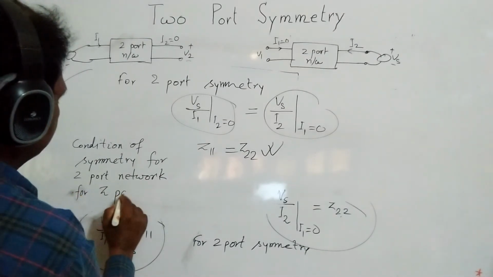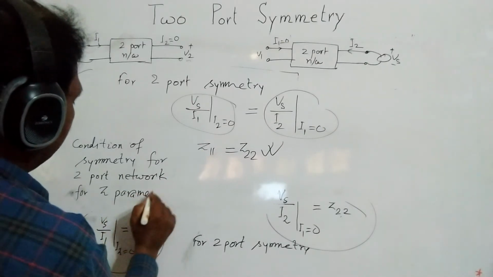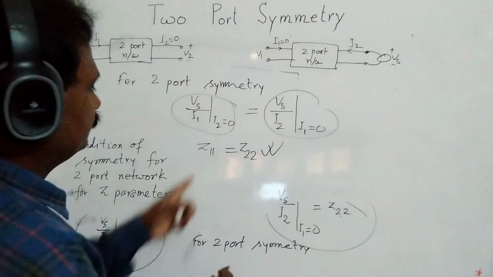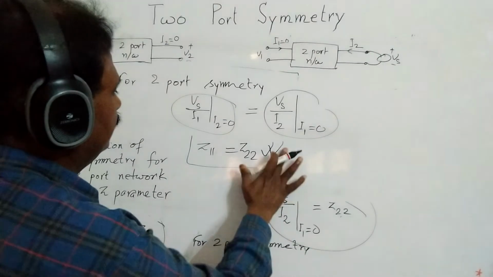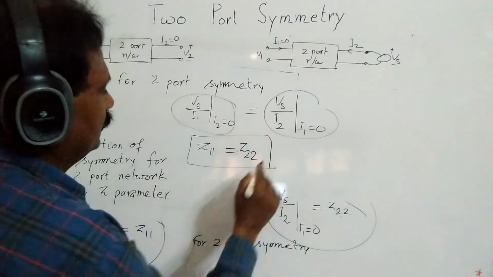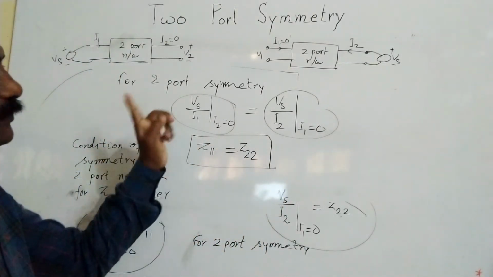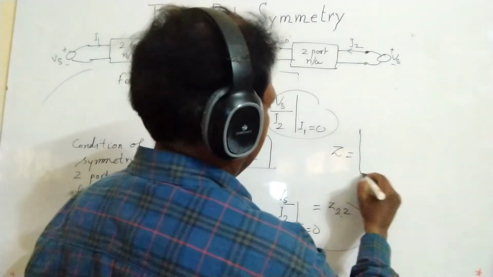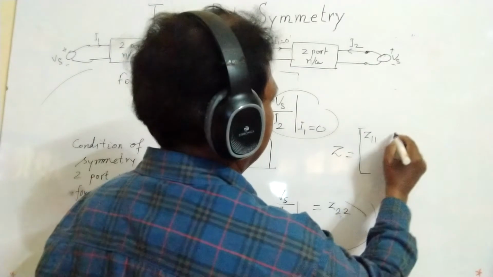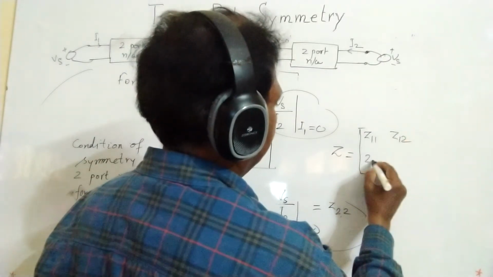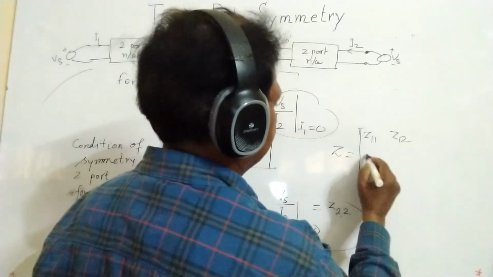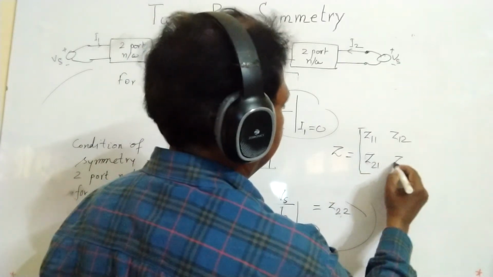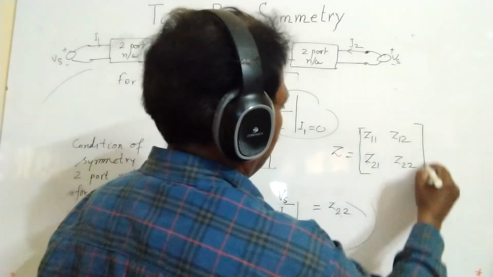Okay, for Z parameter, what condition did we get? This one. This is the condition. What was the Z parameter? Z parameter was Z11, Z12, Z21, Z22.